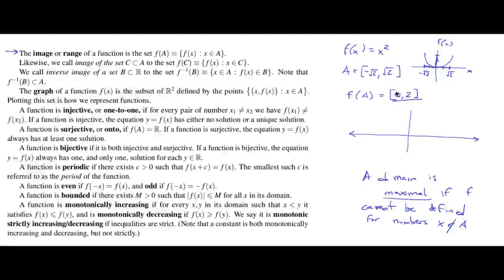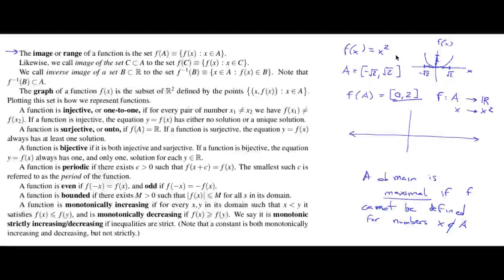So for instance, if we take the function x squared defined in this domain, so f from A to the reals, x to x squared, this domain in this case wouldn't be maximal. If you look at this, we can think of numbers outside this domain that serve as valid input for this formula. So if you take, for instance, 3, it is outside this domain, but 3 squared exists.